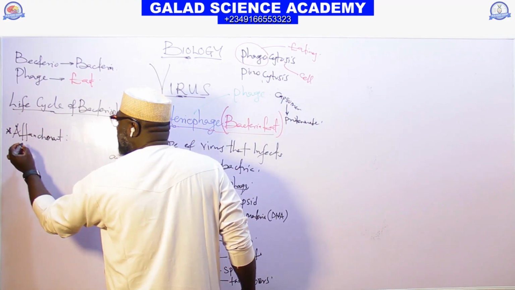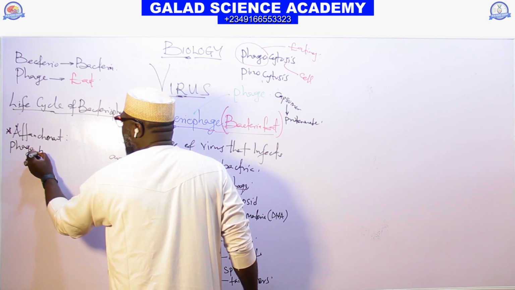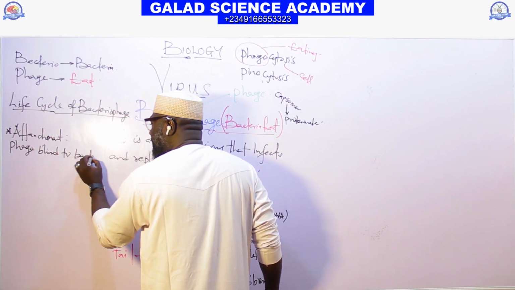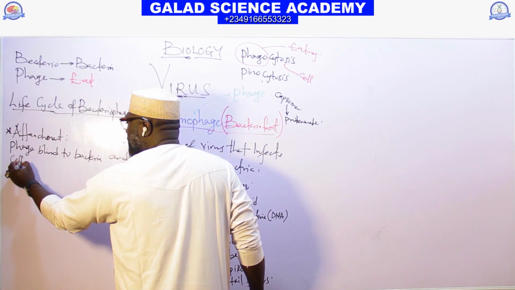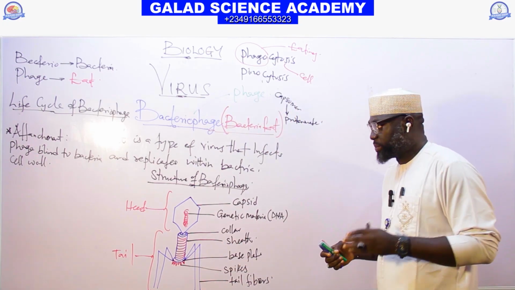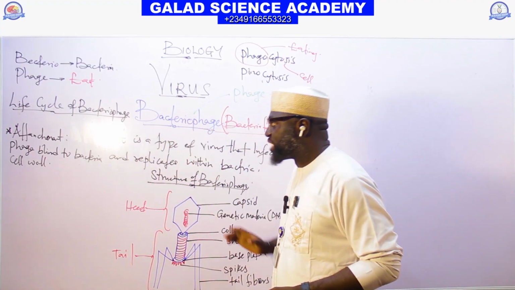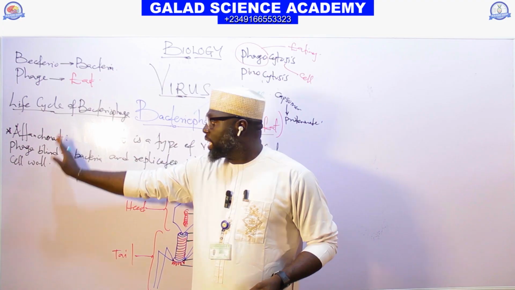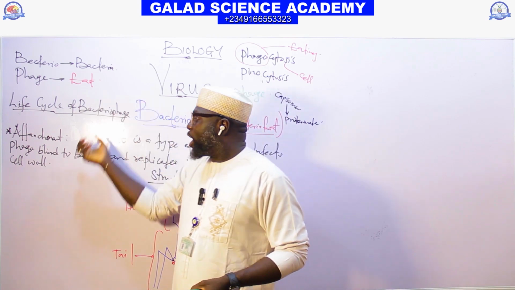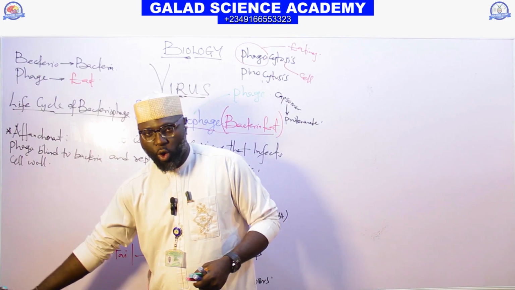At attachment, the phage binds to the bacteria cell wall. So the first stage of the bacteriophage life cycle is attachment. The phage here means bacteriophage. The virus will attach or bind itself to the bacterial cell wall.